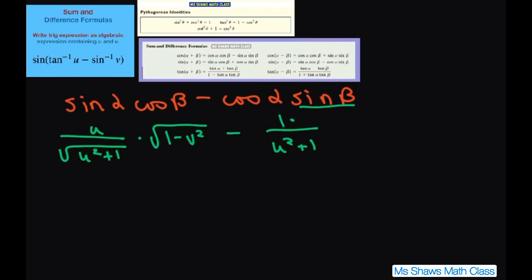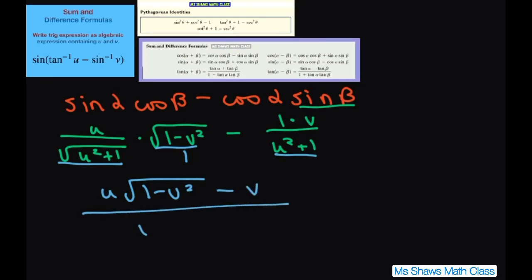So I'm just going to put the v up here. So this ends up being u times the square root of 1 minus v squared. I'm just multiplying this. We have the same common denominator, so I'm going to go ahead and put minus v here, divided by the square root of u squared plus 1.